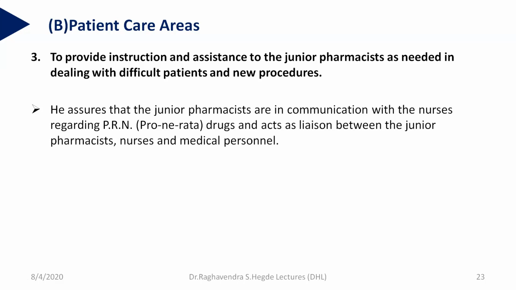Again, the pharmacist has to assure that the patient comes with a prescription, or it is clearly written as PRN. We are talking about the hospital pharmacy, not an outside pharmacy, so only prescription drugs have to be sold by the pharmacist. He has to have proper coordination with the junior pharmacist, nurse, and medical personnel for PRN drugs.